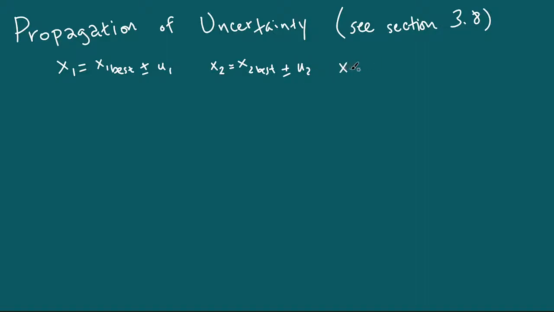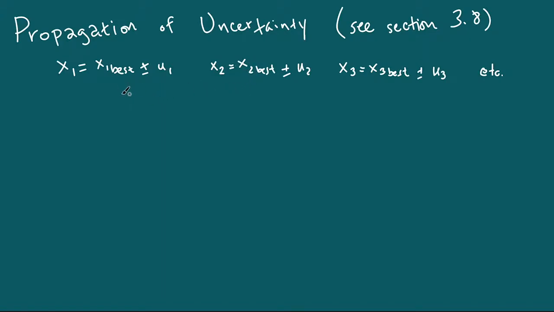And we could have another variable, x3. In fact, we could have, in principle, as many variables as there are. It doesn't really matter. So, etc. You can imagine, these are things you measure in an experiment.